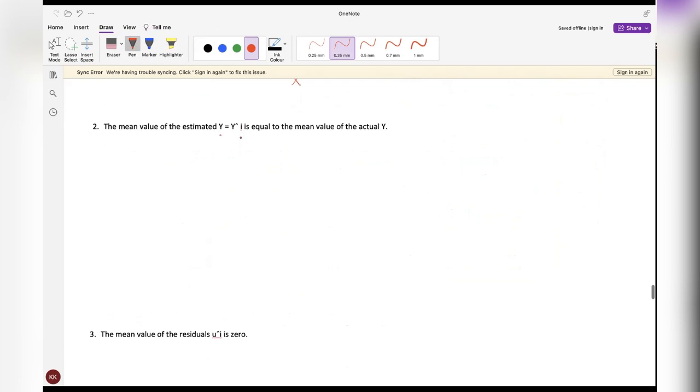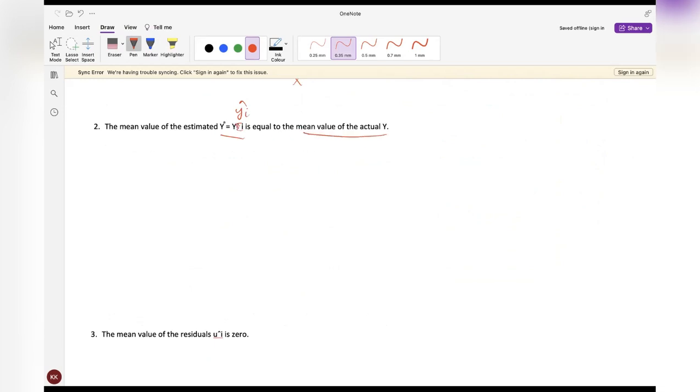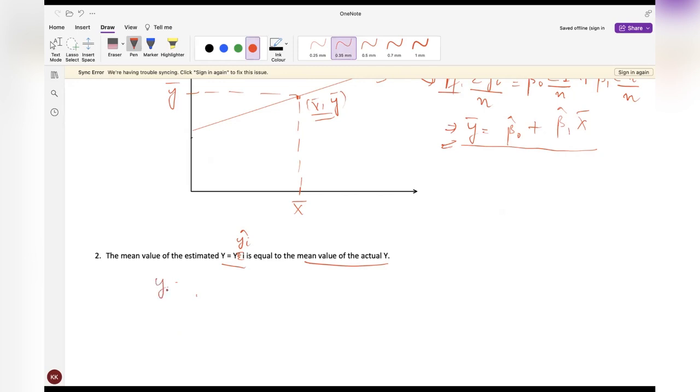The mean value of estimated y, yi hat, is equal to the mean value of actual y. What do we have as yi hat? Yi hat is equal to beta naught hat plus beta 1 hat x.